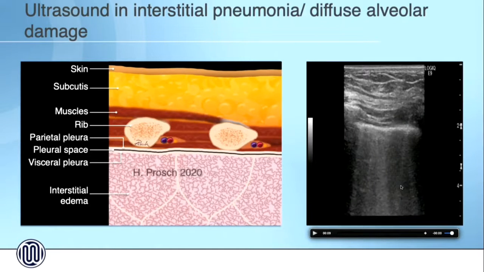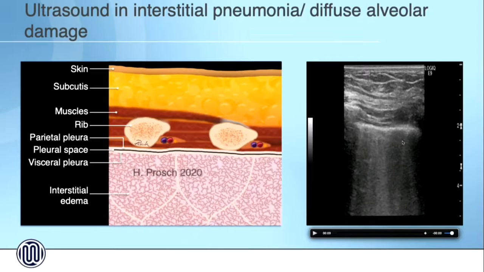Importantly, while in edema this starts bilaterally at the bases and creeps upwards, in COVID you see more patchy areas of these B lines. So that's a characteristic: you don't see the distribution as evenly as in pulmonary edema.